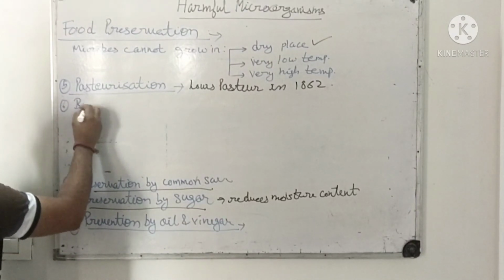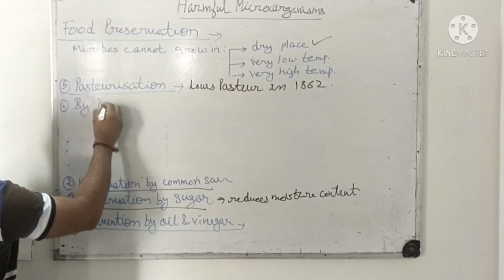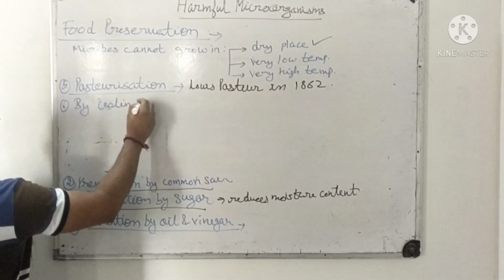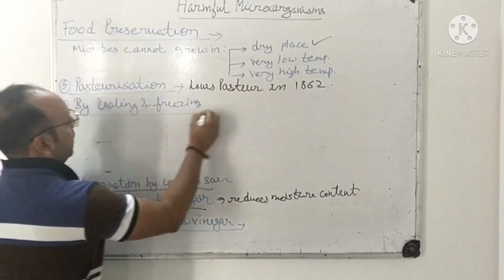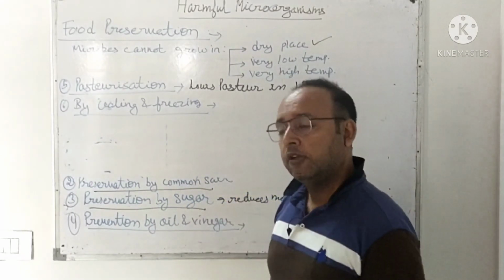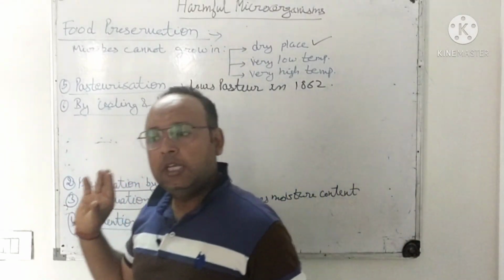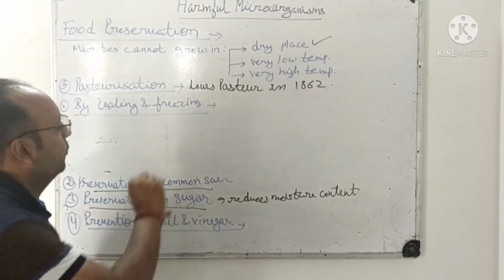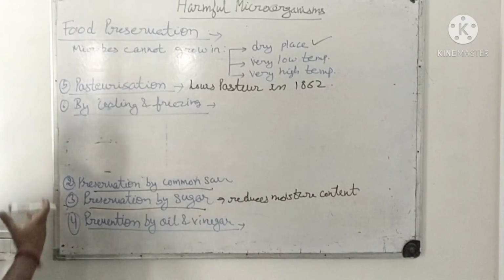Then we have cooling or freezing also. You might have seen the frozen items we use at home, right? They are stored at very low temperature to keep them safe and protect them from microbes spoiling them.